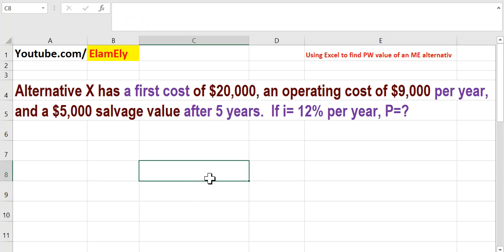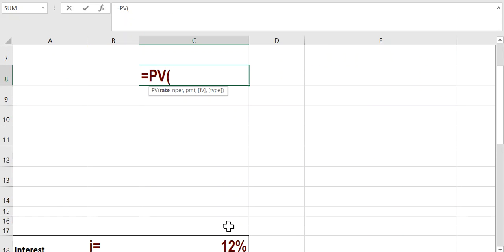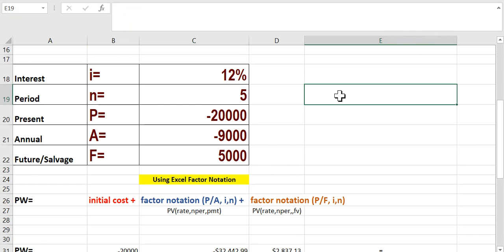You just say, this is equal to PV. That means I need to get PV. Right away, Microsoft will show you this. Rate is how much? We can transfer here so we can see it easier. This is PV. I need the rate. This is the rate. Then, comma. The period is 5, comma.